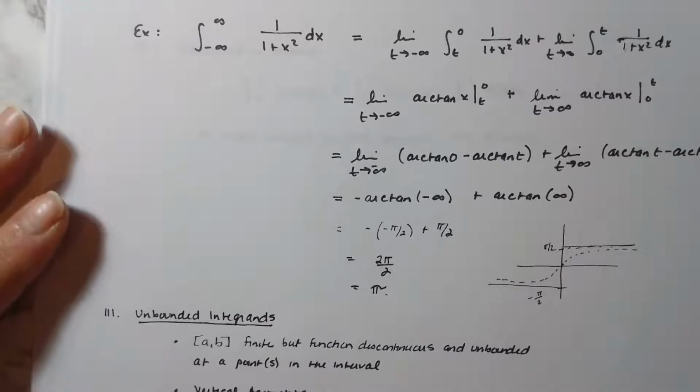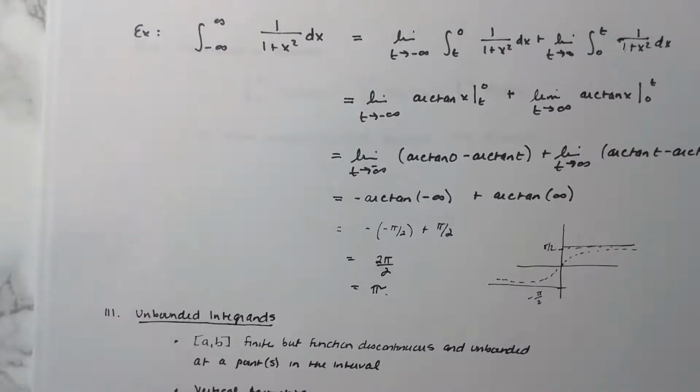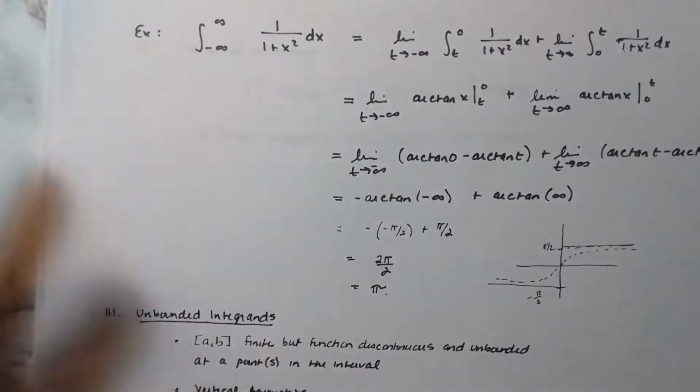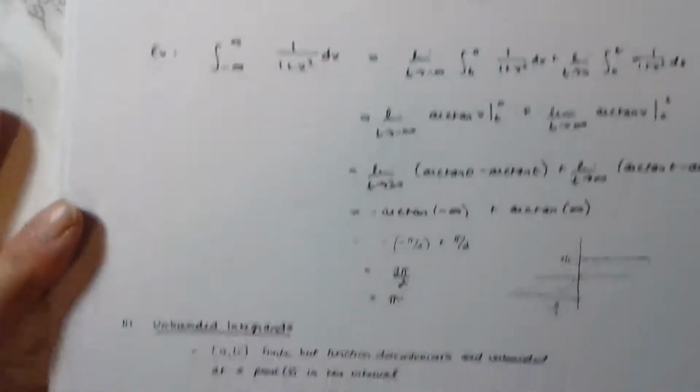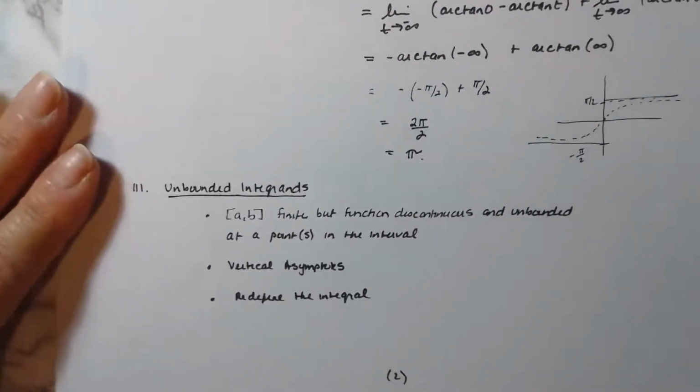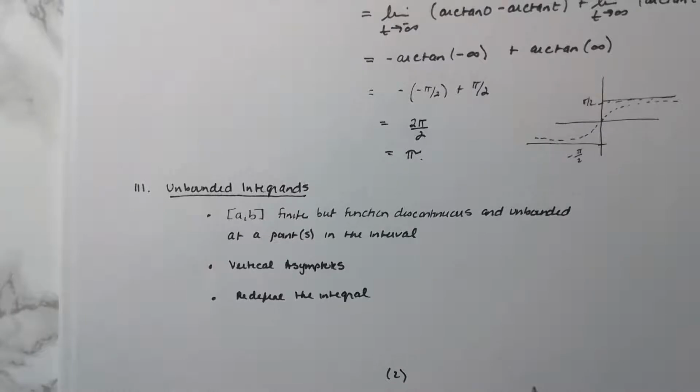Okay, the third case that can happen. We had the first case, where either the upper or the lower limit of integration was infinite. The second case is where both of them are infinite. And the third case is where we have unbounded integrands. So what you need to think here is vertical asymptotes.